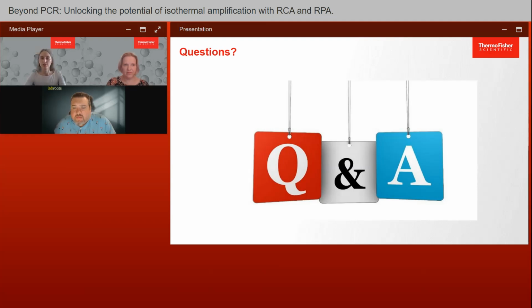So in this case, I would recommend purifying your RCA products using magnetic bead-based separation and purification. But on the other hand, there is a possibility to quantify RCA products directly using PicoGreen double-strand DNA assay or using a Qubit fluorometer.